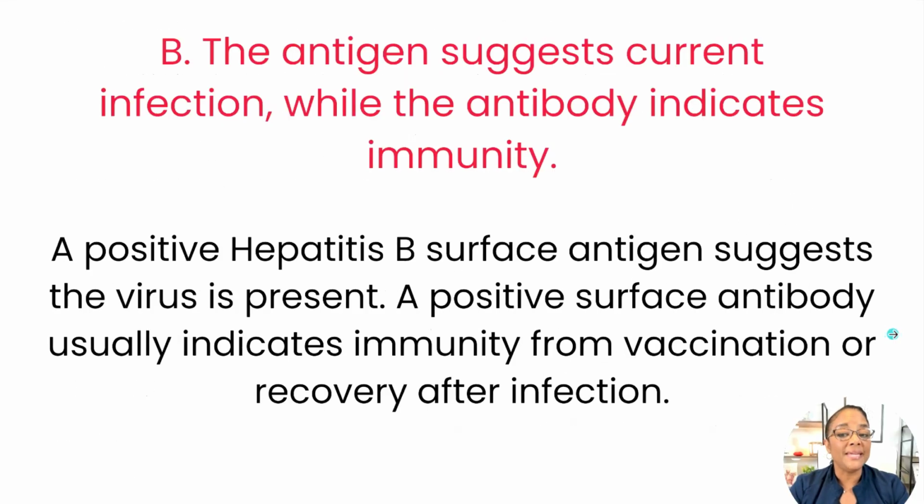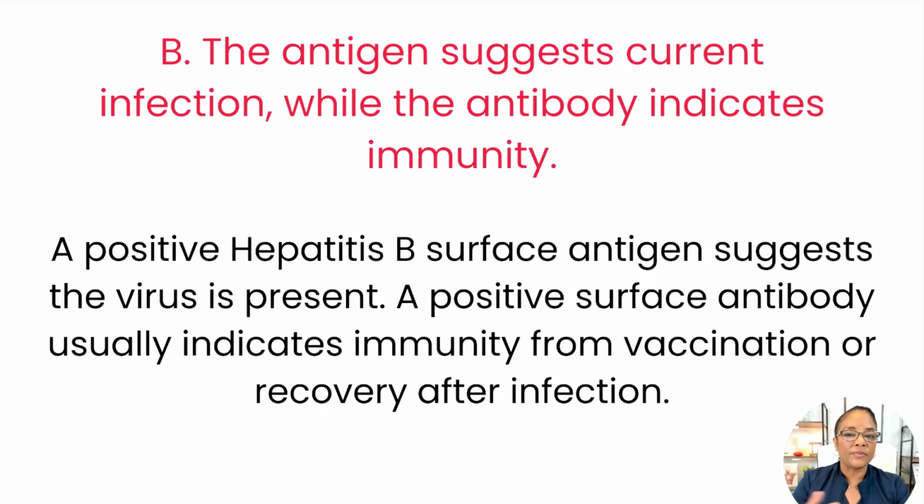If you chose B, the antigen suggests current infection while the antibody indicates immunity, you are correct. A positive hepatitis B surface antigen suggests the virus is present. A positive surface antibody usually indicates immunity from a vaccine or recovery after an infection.